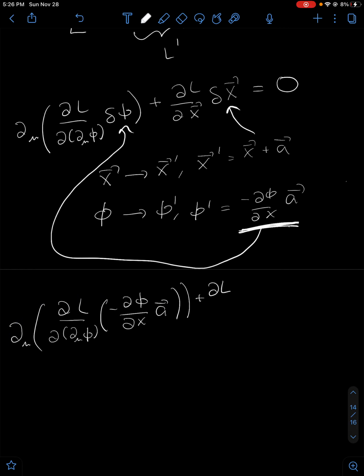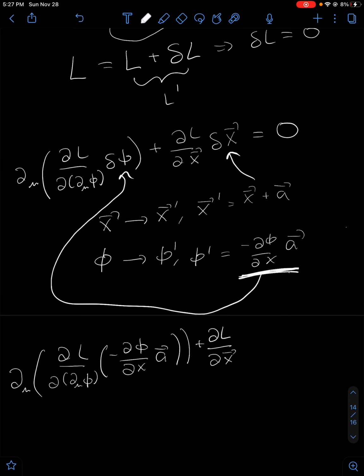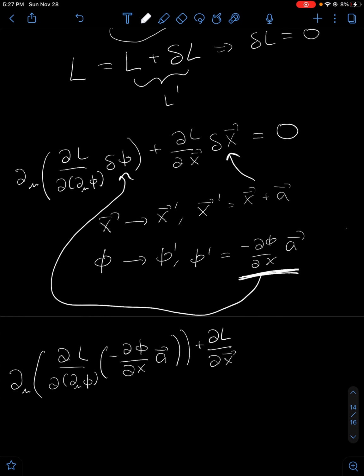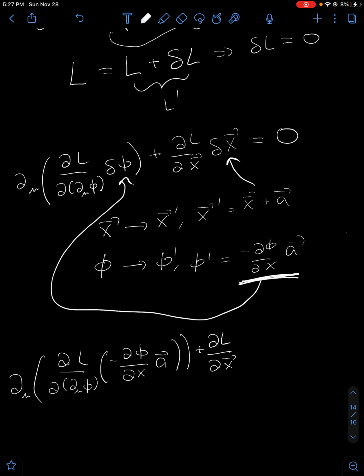So plus partial L over partial x times, oh wait, did I do something wrong here? So we have delta x was x plus a. Wait, I'm trying to see if I made a slight error here.